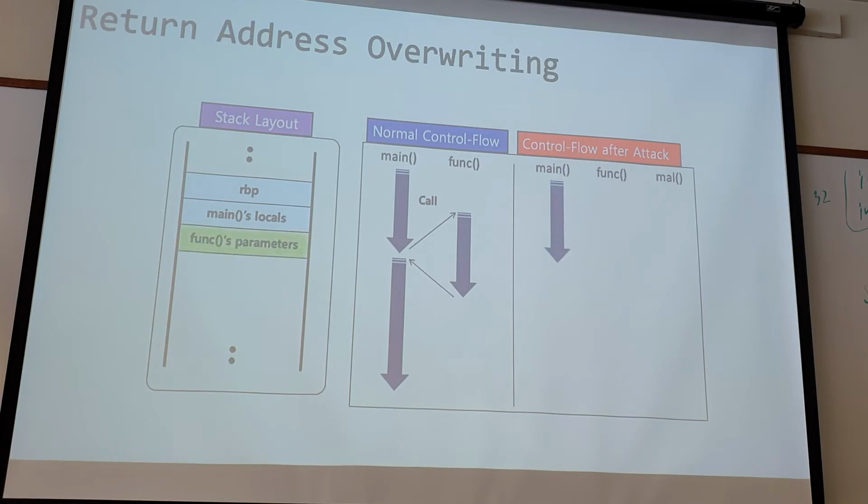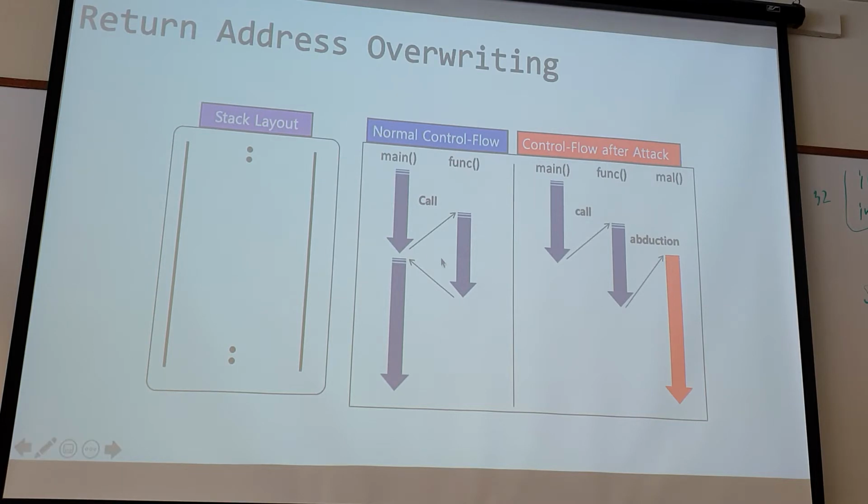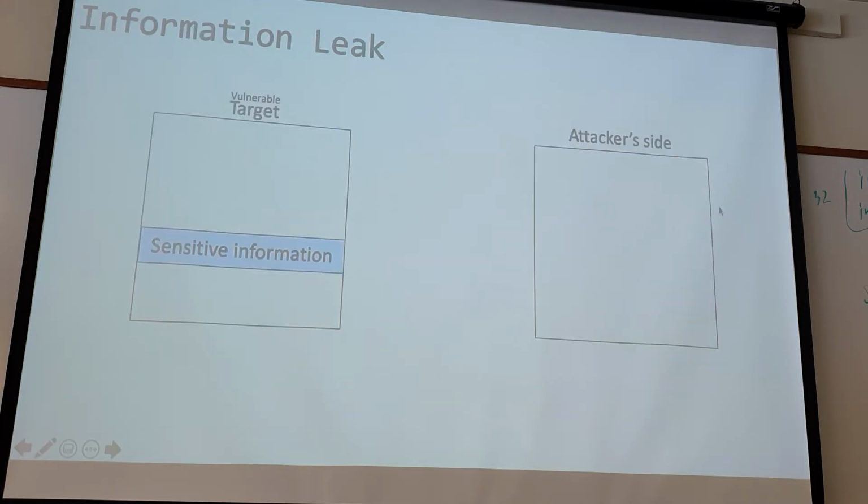But if the attacker compromises the return address here, then the control diverts to some malicious code as the attacker intended. So that's a usual buffer overflow attack to compromise return addresses.